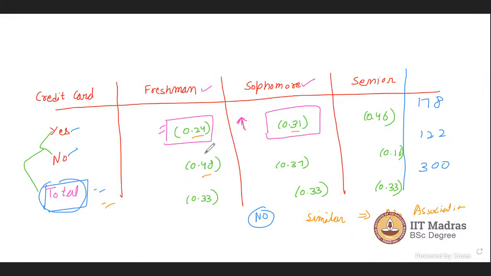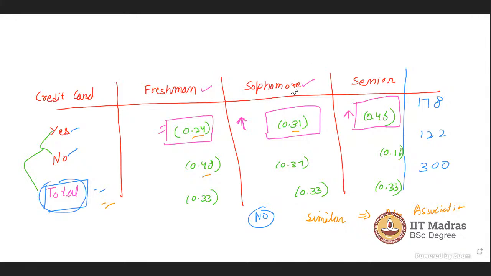I am talking here about similarity from the column point of view. I will come to it. As they move to the final year, their relative frequency increases.